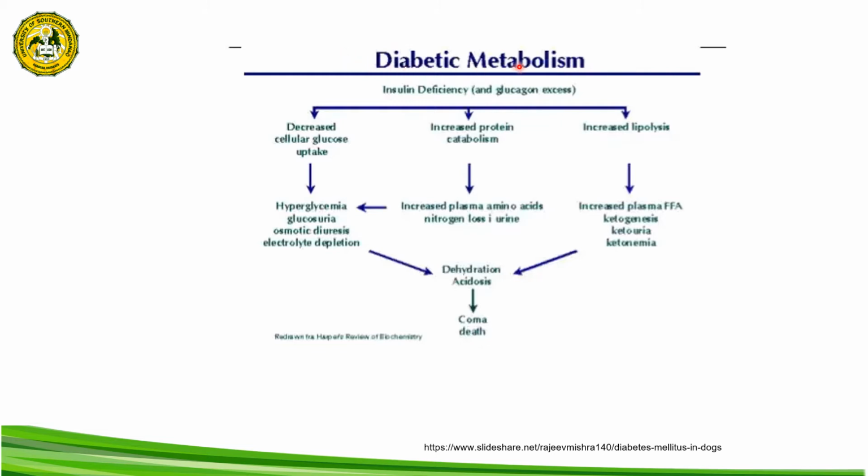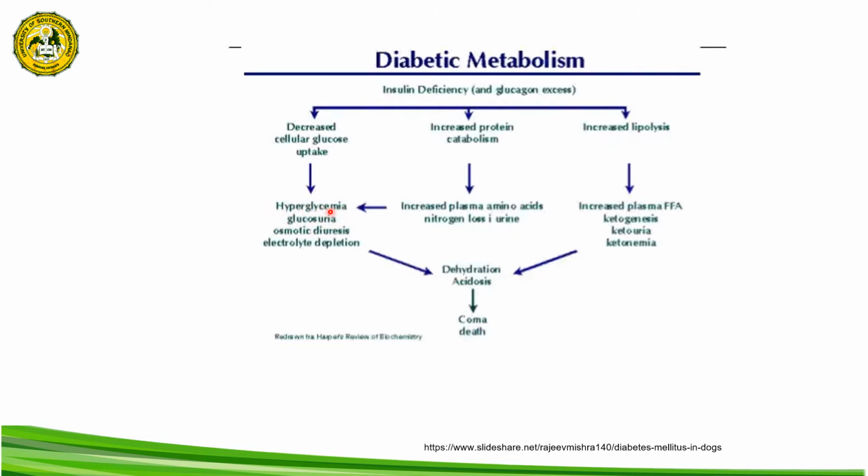So in diabetic patients, there is a decrease in the cellular uptake of glucose. There is an increase in the protein catabolism, and there is an increase in lipolysis. So when there is a decreased cellular uptake of glucose, the glucose will now tend to accumulate in the bloodstream. So there will be hyperglycemia.